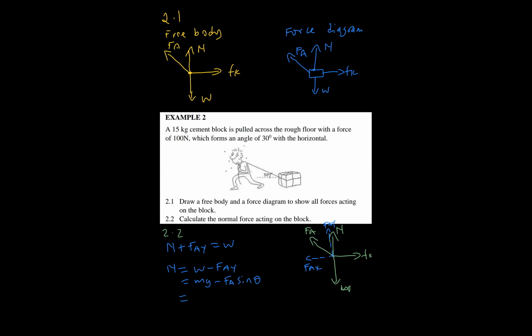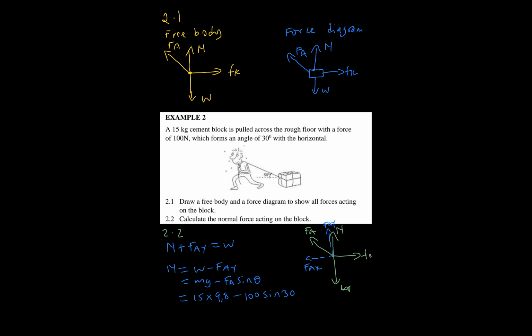So what is mg? m is 15, g we're taking 9,8, minus FA. What is FA? We are given 100 newtons, and the sine of theta.